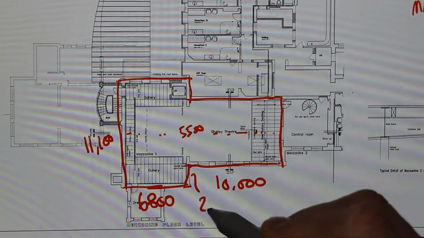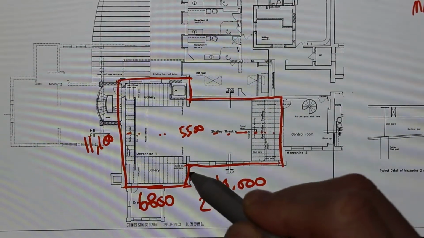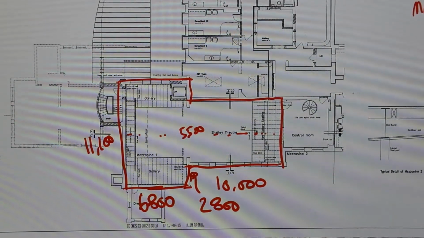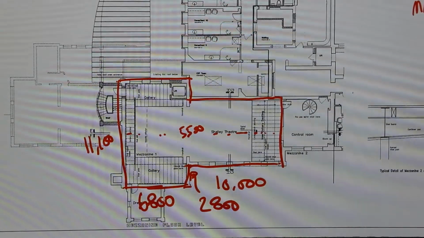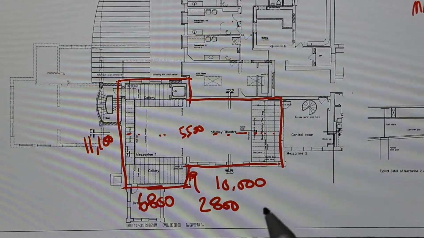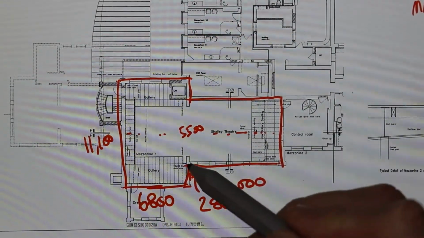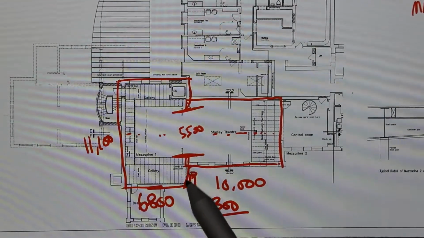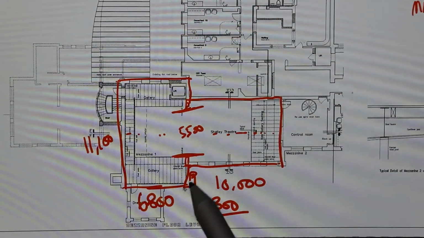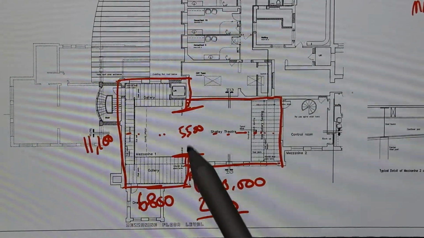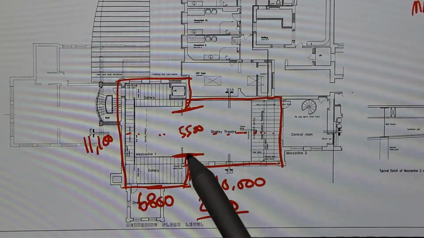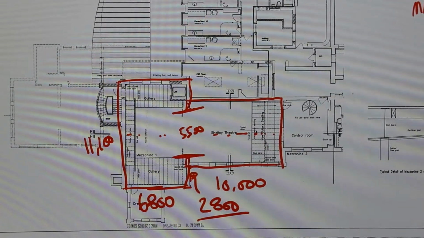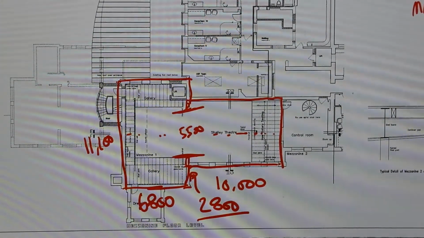So that measurement there is 2800. Okay, so hopefully that's clear as mud. Now we do notice here that we're looking at 2800 for the gap between this wall and this wall, but there is going to be residual material left over from the archway, and let's just see how that goes as we plan the model ahead.